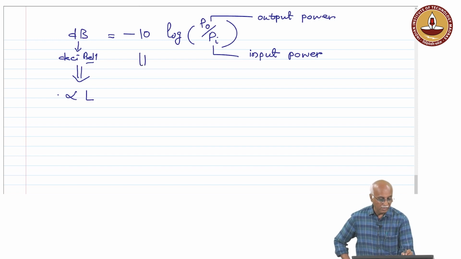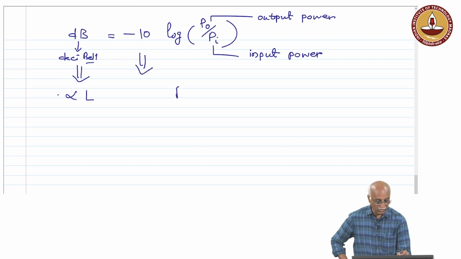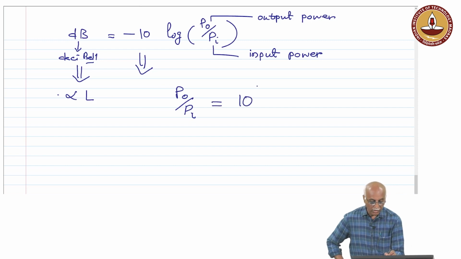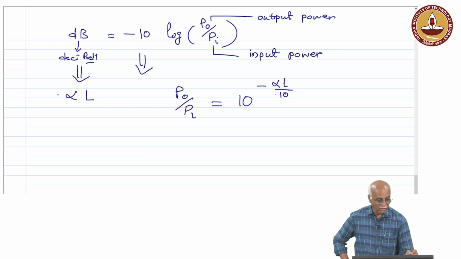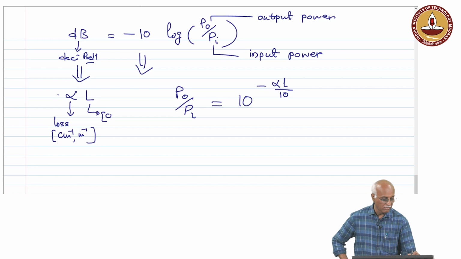So, if I see this equation, P0 divided by Pi is given by 10 raised to minus alpha L divided by 10, where alpha is the loss parameter in terms of decibel per meter or per centimeter, and L is in centimeter or meter.